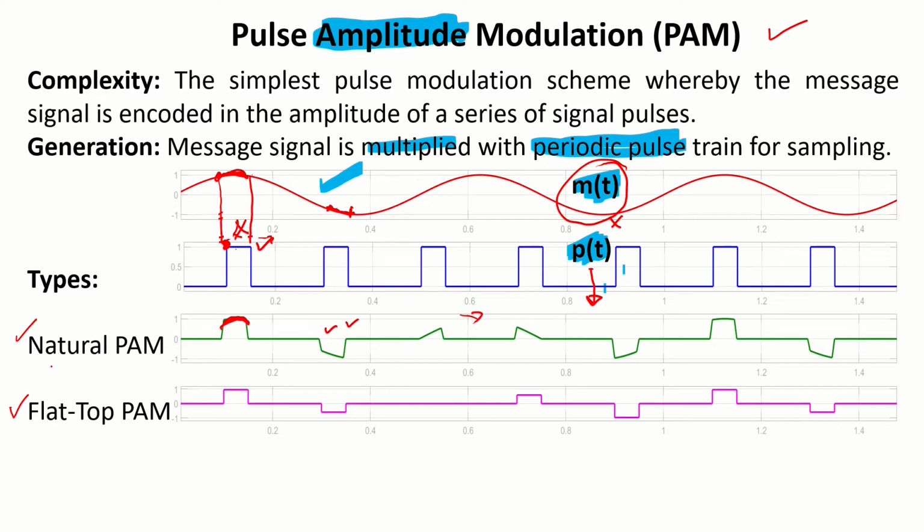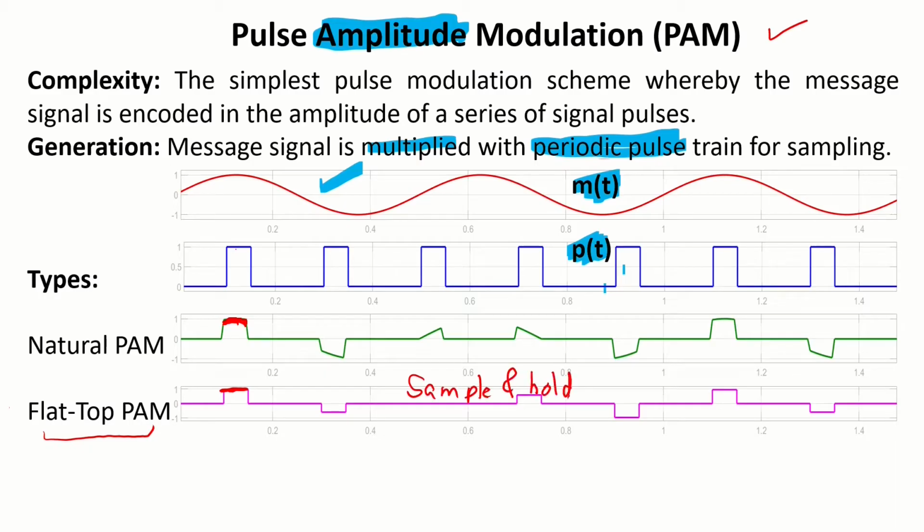So this formulates the natural PAM, but we often desire a flat top PAM, and for the flat top we do not want this curve and rather we need a fixed value. So we can use a technique that is sample and hold, and we are going to pick this value which is over here and then continue it at the same value for the duration of this gate until here.